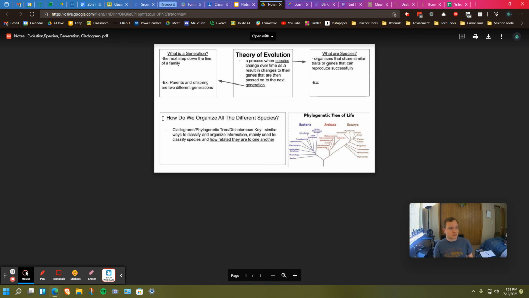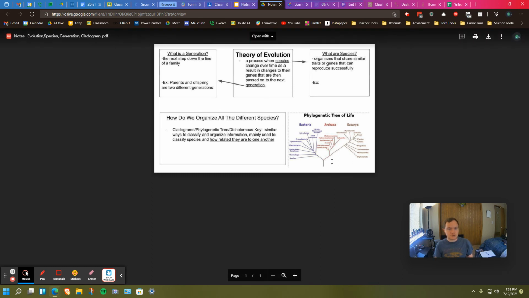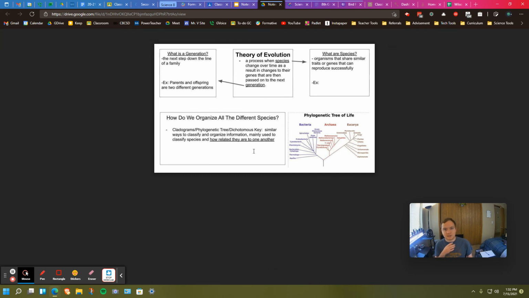The bottom part's really what we're going to be looking at the rest of this week. How do we organize all these different species, all these living things that are changing, millions of years at a time? We use these different tools, and we listed a couple of them here. Cladograms and phylogenetic trees are essentially the same thing. You can see an example here to the right, and a dichotomous key is a little bit different. They're similar ways to classify and organize information, mainly used to classify species and to figure out who's related to whom.